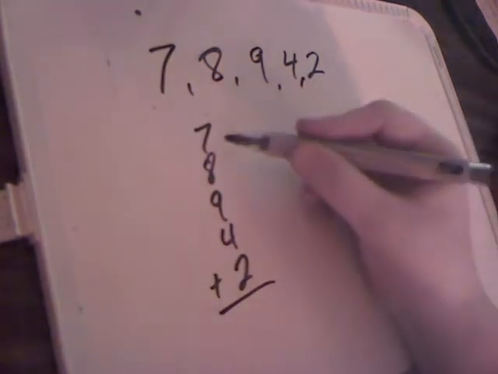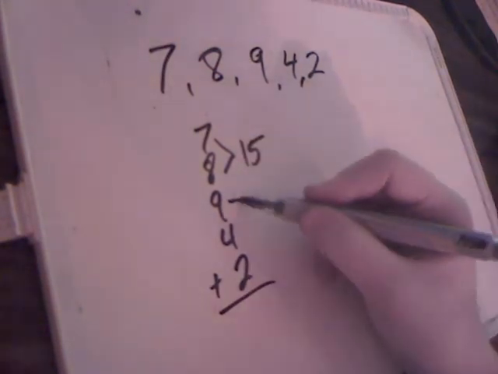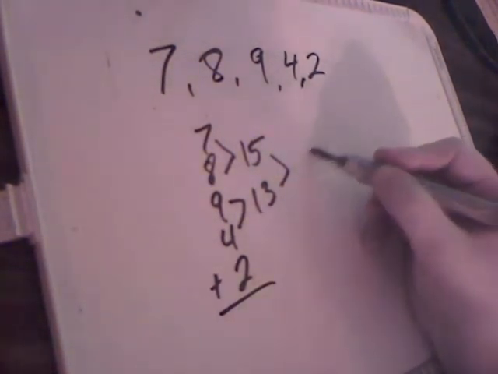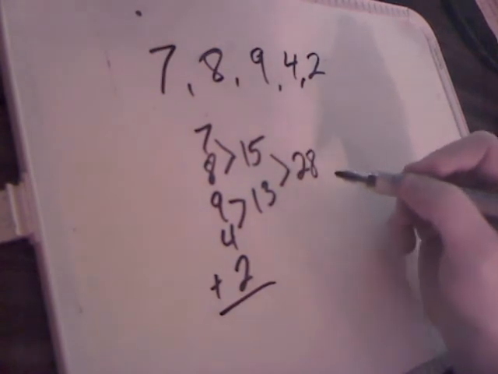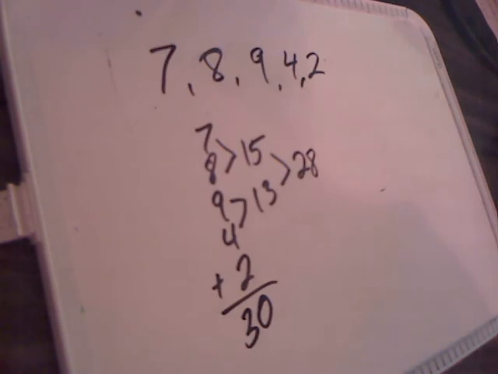Sometimes what people will do is they'll pull off certain numbers to the side. So you have 7 plus 8, which is 15. You have 9 plus 4, which is 13. 15 plus 13 is 28, plus the extra 2 is 30.